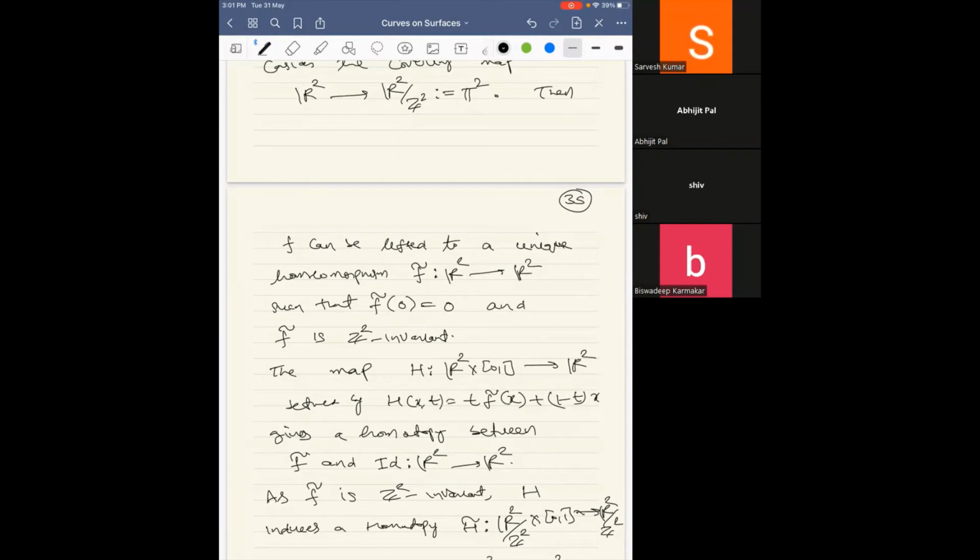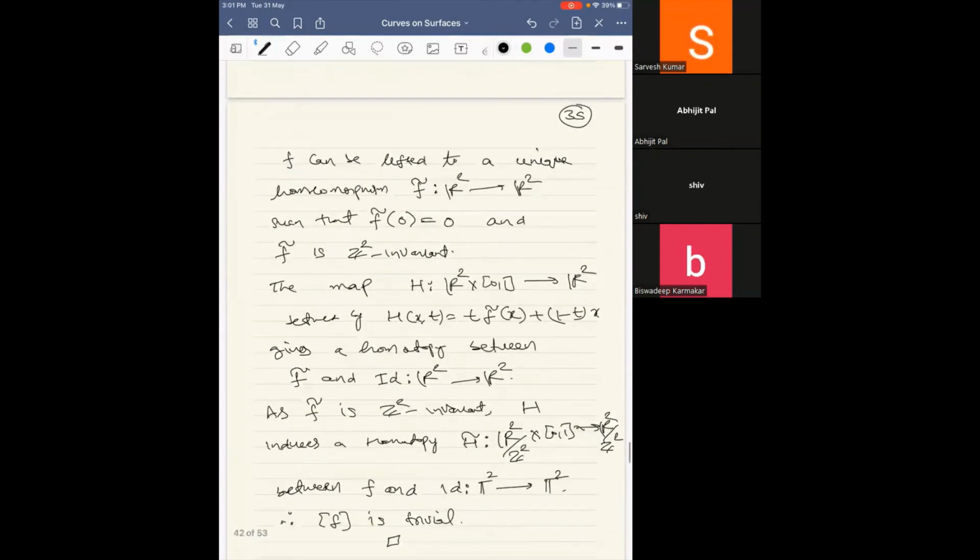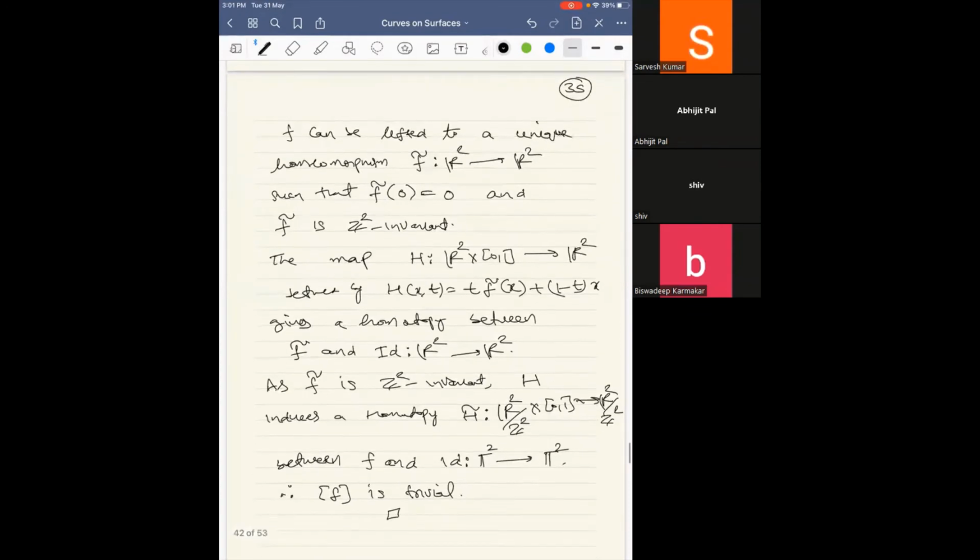So this is a homotopy between F tilde and the identity map. As F tilde is Z2 invariant, it will induce a homotopy, let's call it H tilde, from R2 mod Z2 cross [0,1] to R2 mod Z2, between F and identity.